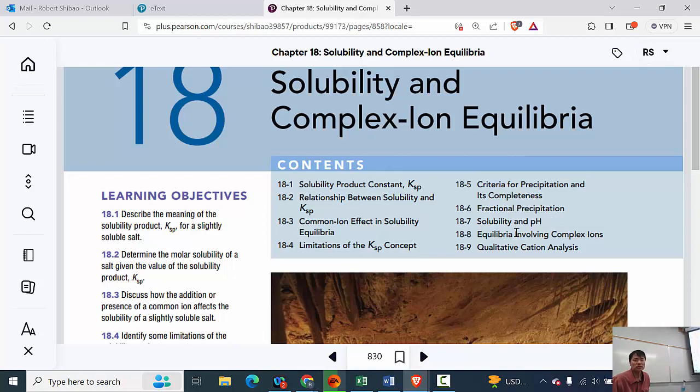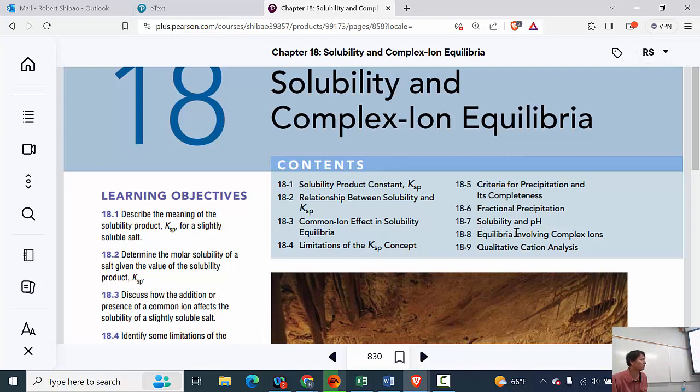The fractional precipitation that we did was we precipitated out the +3 hydroxides and left the +2 hydroxides in solution. So we precipitated out the aluminum, the chromium, and the iron as +3, but left the magnesium, zinc, and others as +2.